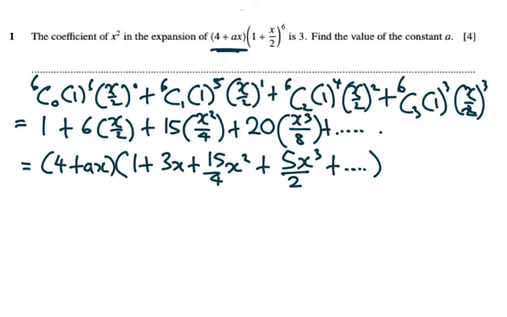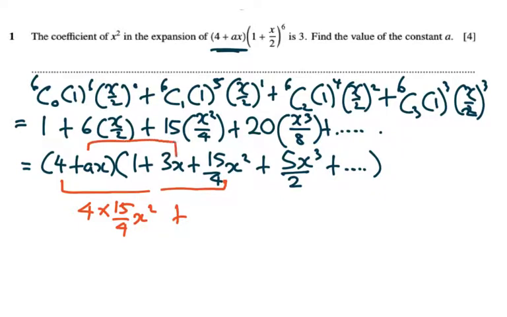Now expanding this to find the coefficient of x squared. Coefficient of x squared, which will give me 4 times 15 over 4 x squared, and then plus ax times 3x, and this equals to 3, the coefficient of x squared.